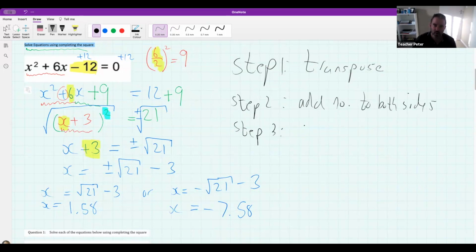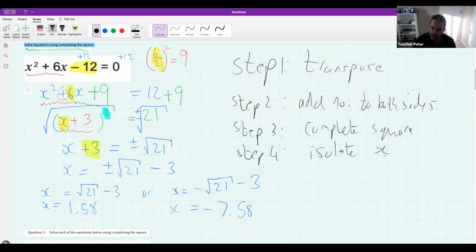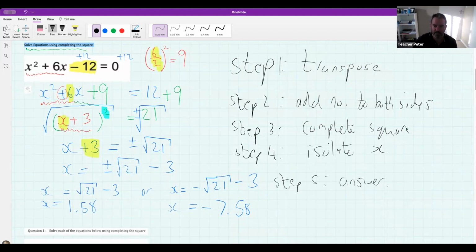Step 3 was complete the square. Step 4 was isolate x, and I used the inverse, and then step 5 was answer. So those are the 5 steps that I used.